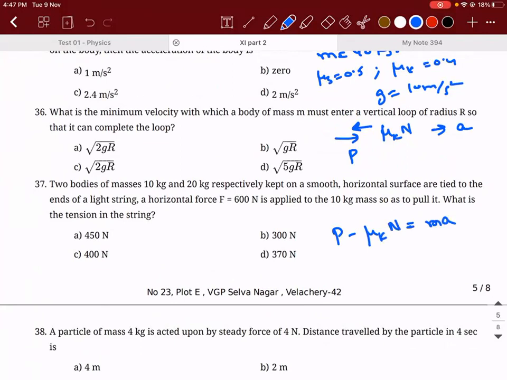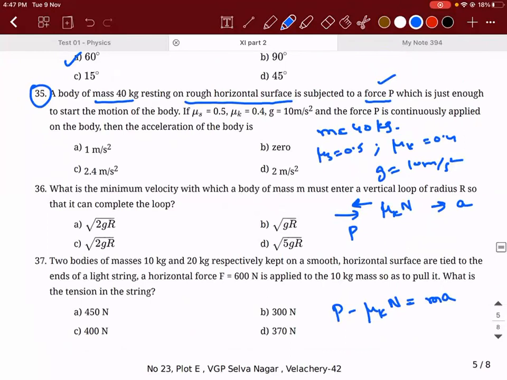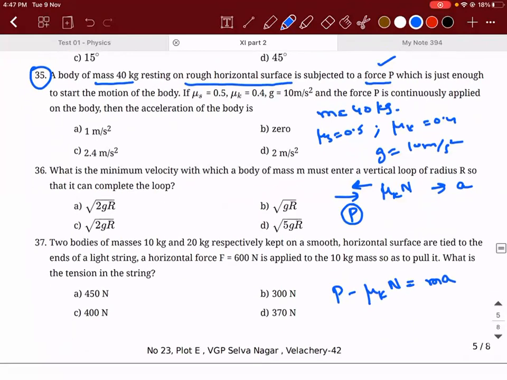What is the value of P that we need to apply so that the object starts sliding? It is mu s into N. This is the trickiest part because they didn't give us the value of the force.